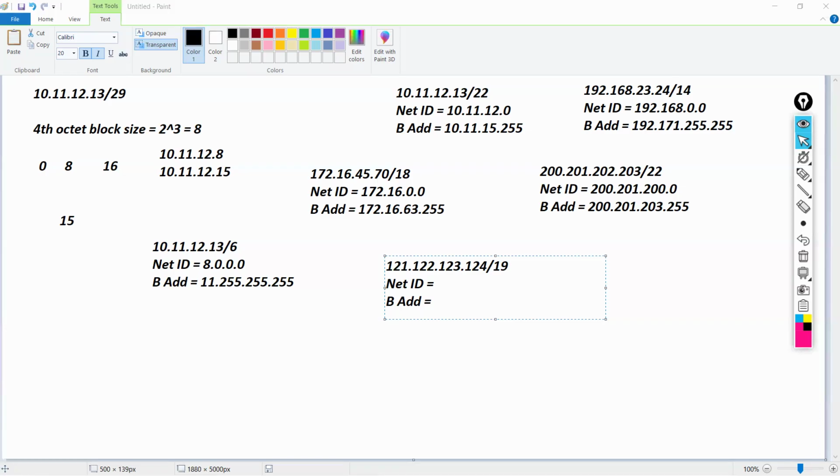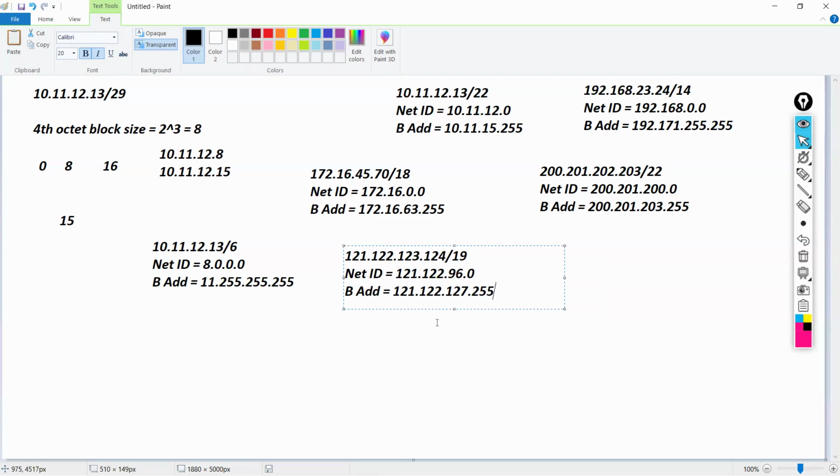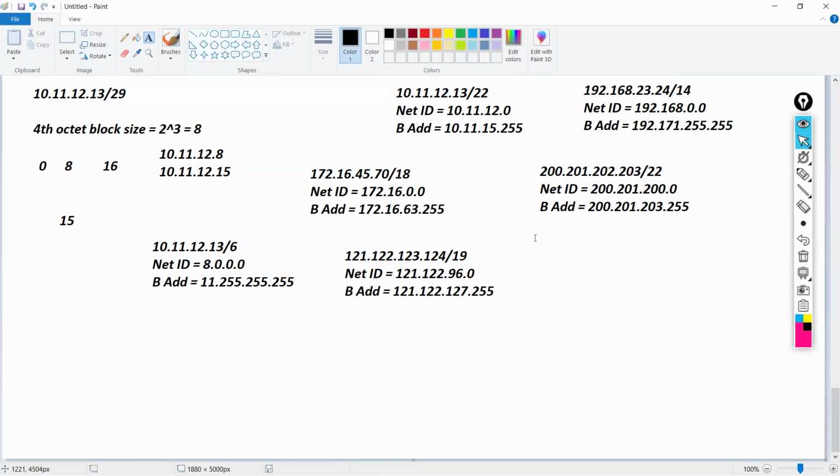Broadcast. Still making mistakes like this. How is it going to work?